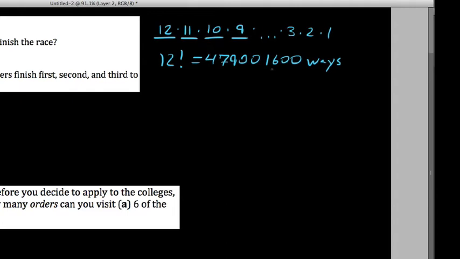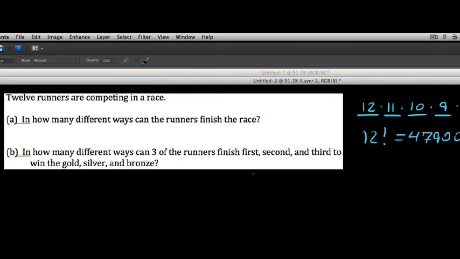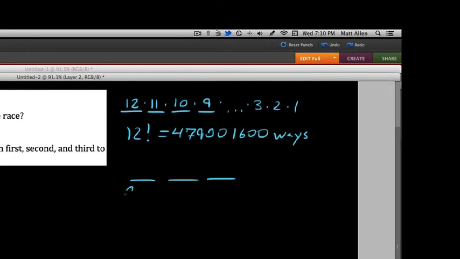But how about this next question? How many different ways from 12 runners could 3 of the runners finish, say, first, second, third? Now this is a little bit different. When we consider this, we have to consider the fact that we're only discussing, say, gold, silver, and bronze. We still have 12 runners, and that makes a difference here.